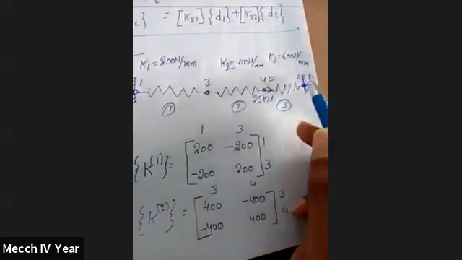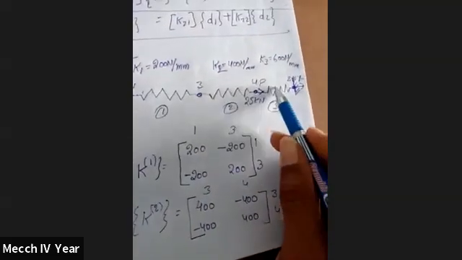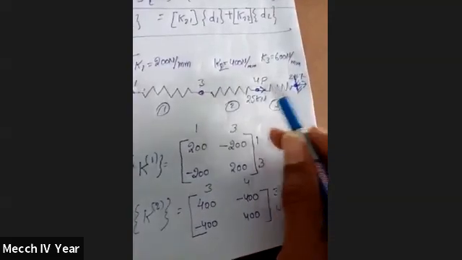Now we see the stiffness of element 3, here with degrees of freedom 4, 2.